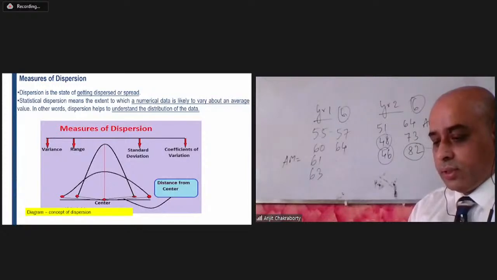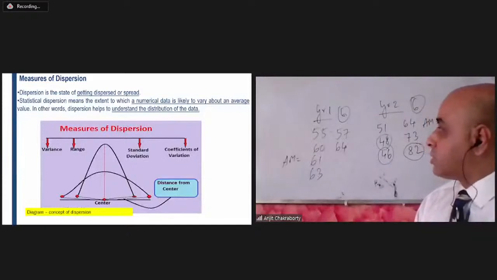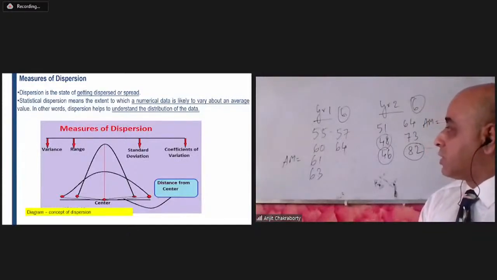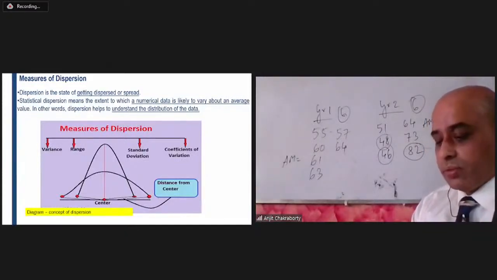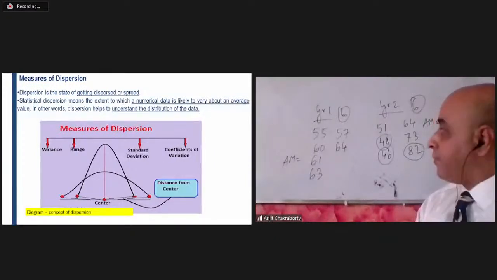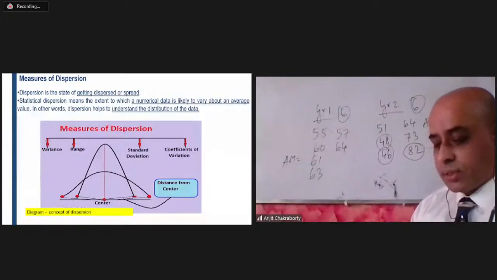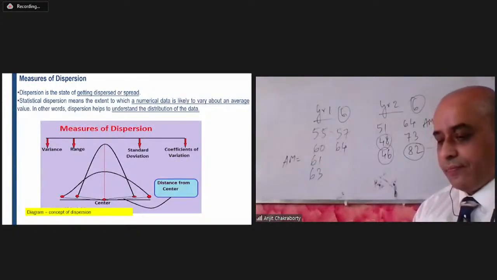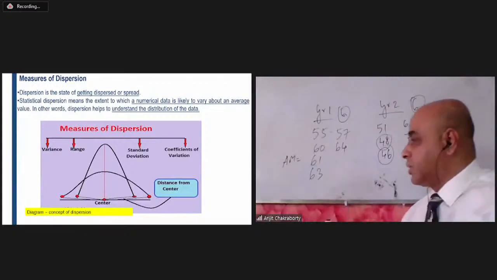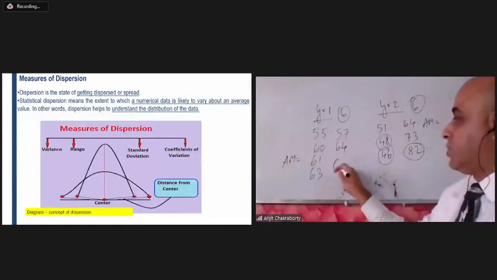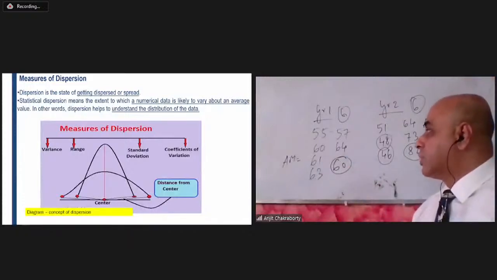Let's do it once again: 55 plus 57 plus 60 plus 64 plus 61 plus 63 divided by 6. Oh, it is exactly 60. The average is coming to 60, which I had written earlier.